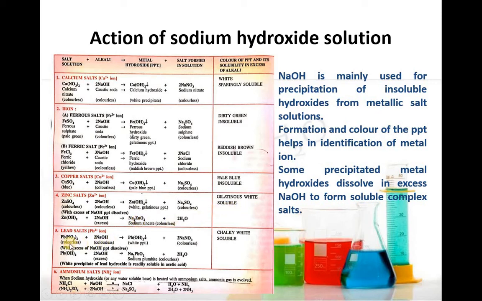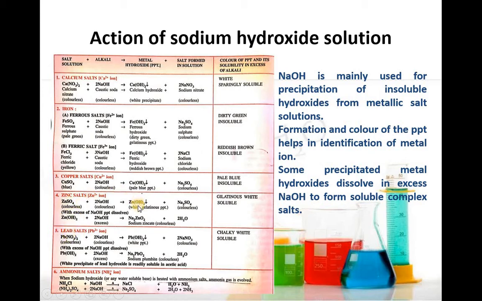Now come to lead. Lead nitrate is also colorless, gives you white precipitate, which is lead hydroxide, which is chalky white. Now with excess sodium hydroxide, this gives you sodium plumbite. Now this white precipitate of lead hydroxide is readily soluble in acetic acid. Now how do you differentiate this lead and zinc salt? Both are white.